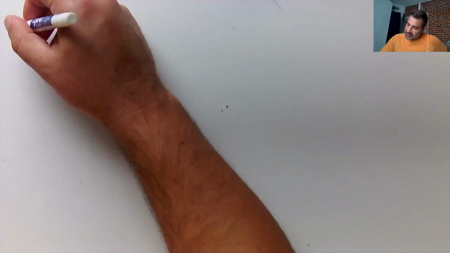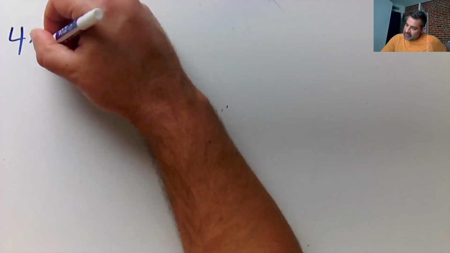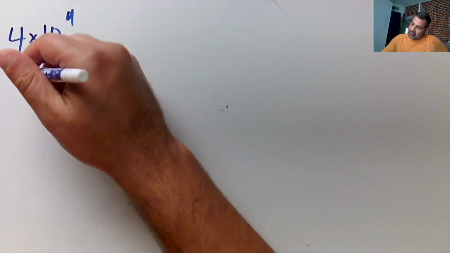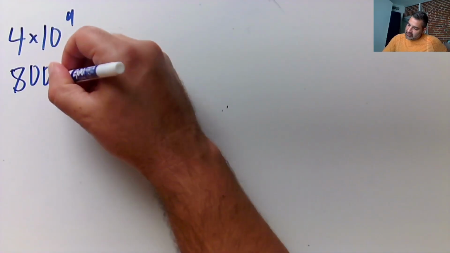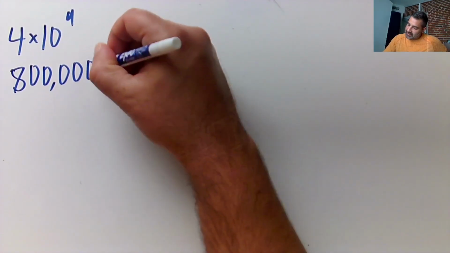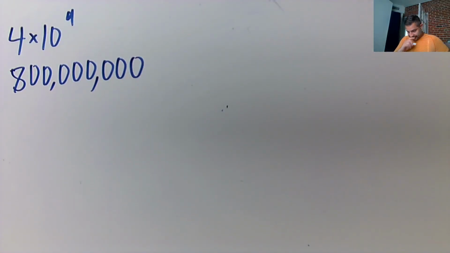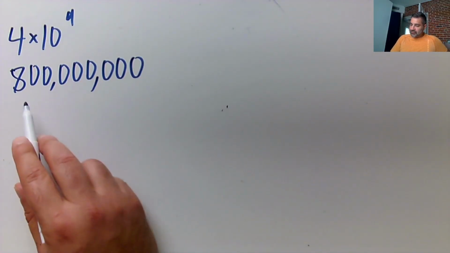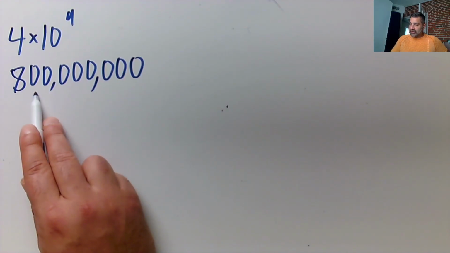Alright, let's do 2 more positive numbers. So, which number is bigger? 4 times 10 to the 9th, or 7 or 800 million? It's hard to compare these as is, so let's convert this to scientific notation.